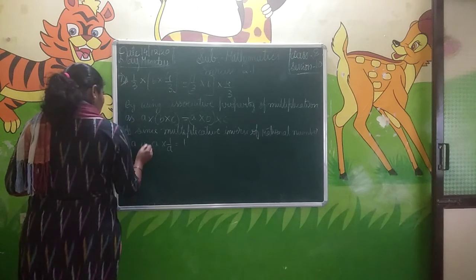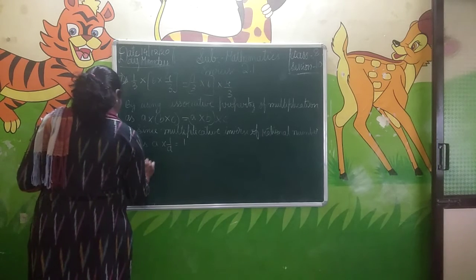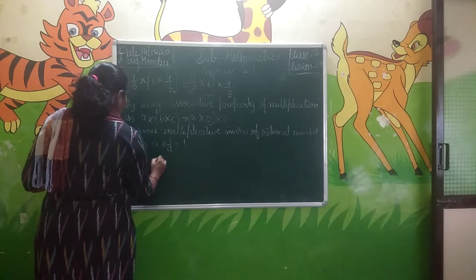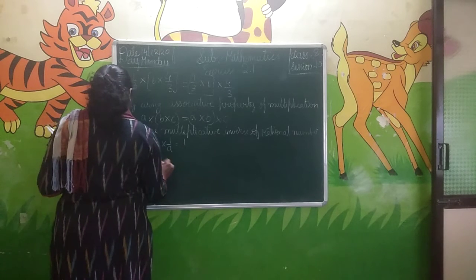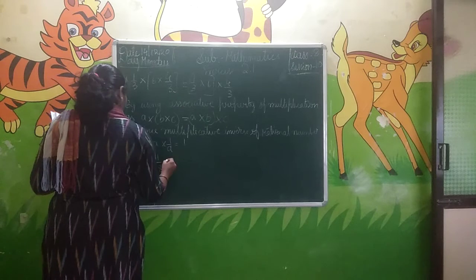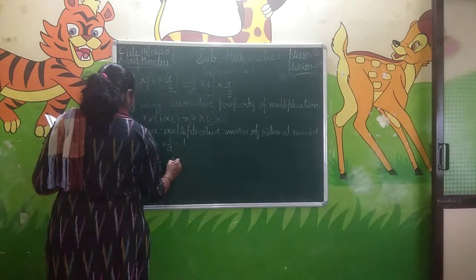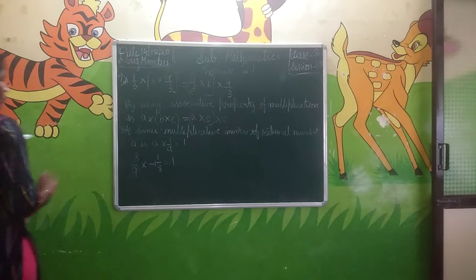So if the multiplicative inverse of 8 by 9 into what they have given in the question, minus 1 by 8, should be equal to 1. If it is a multiplicative inverse, we should get the answer as 1.